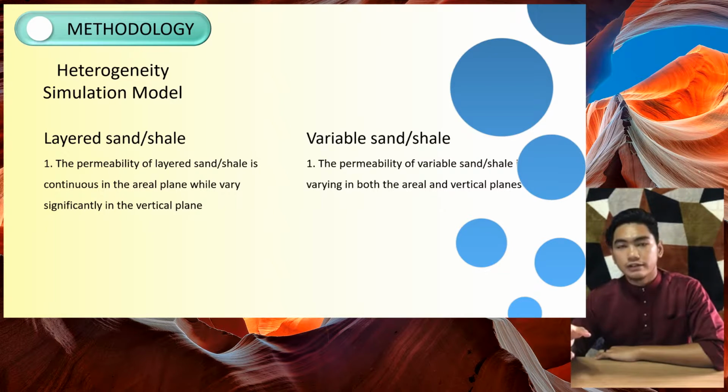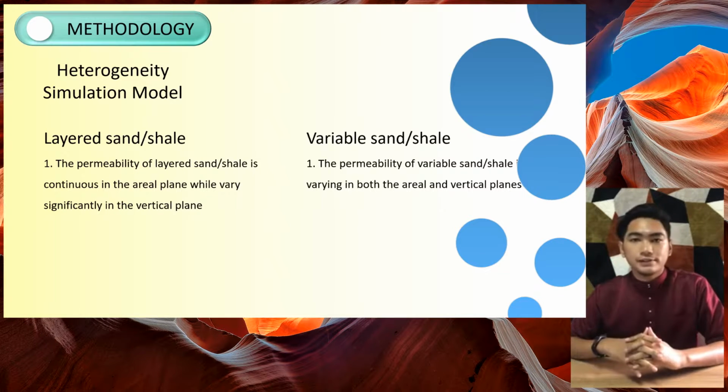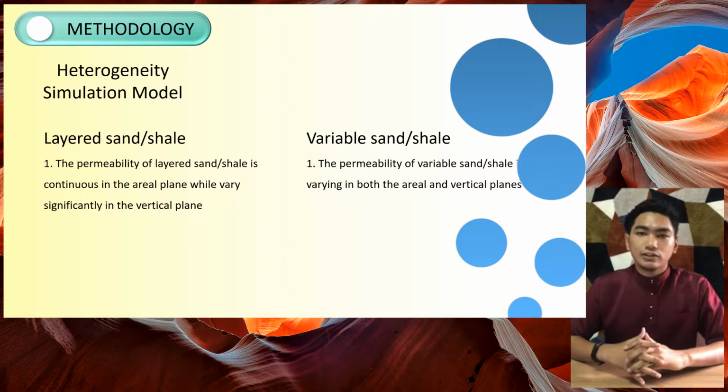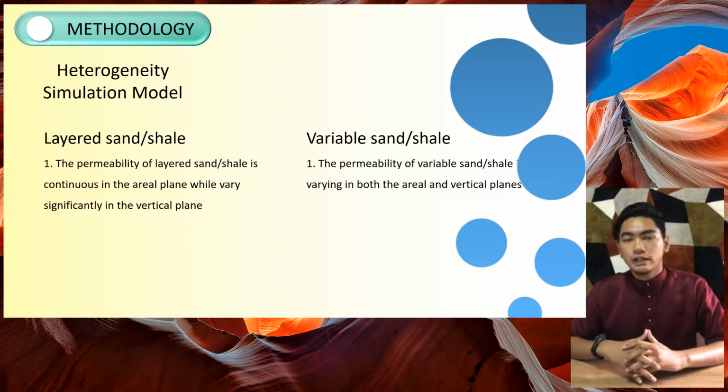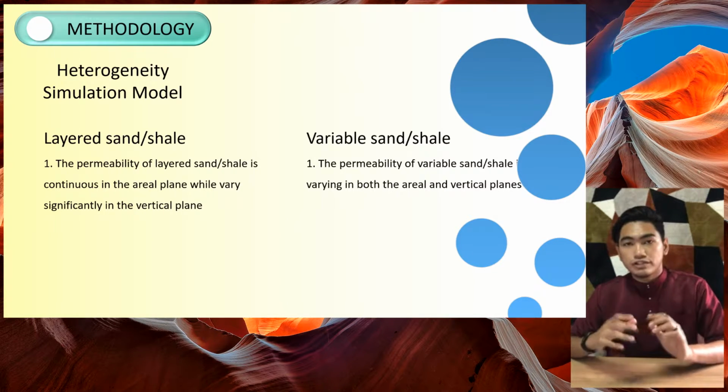On the other side, the permeability of the variable sand shale varies in both the aerial plane and the vertical plane. And to test the effect of different reservoir heterogeneity, unconditional simulation was used to generate 5 equally likely realizations for each model.